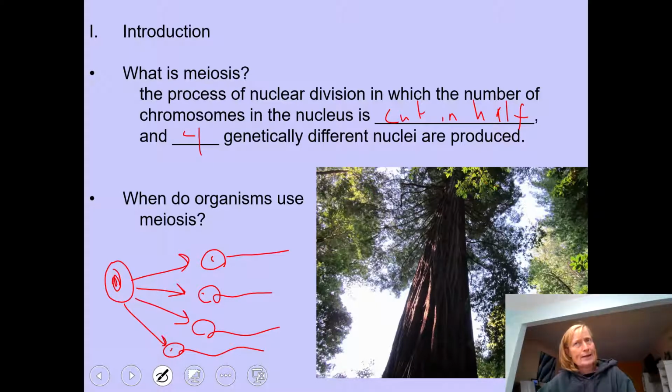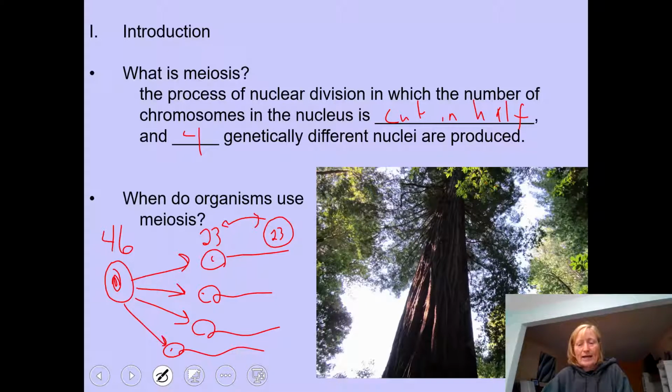So if you start with a cell that has, say, 46 chromosomes in it, each of the sperm has 23 chromosomes in it, and an egg has 23 chromosomes in it. And then when the sperm meets up with the egg, their genetic material fuses, the cells fuse, and now you have 46 full chromosomes again. Okay. So meiosis occurs when organisms are sexually reproducing to make the gametes or the sex cells.